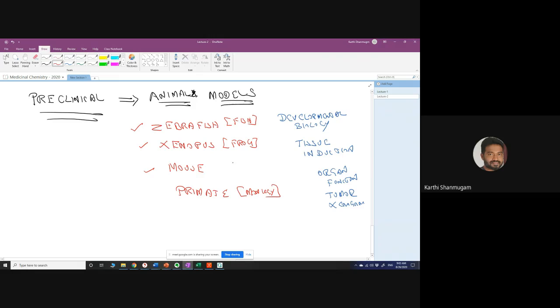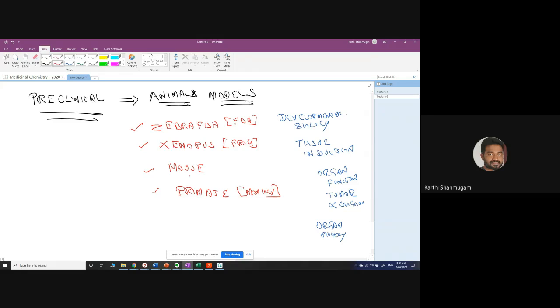We can go with those. Those are very good for studying organ function and tumor. Those are excellent animal models. If your intention is studying organ physiology, the best way is to go for higher animals like monkeys or dogs. Those are highly preferred.